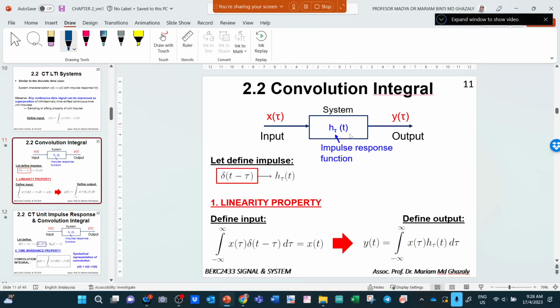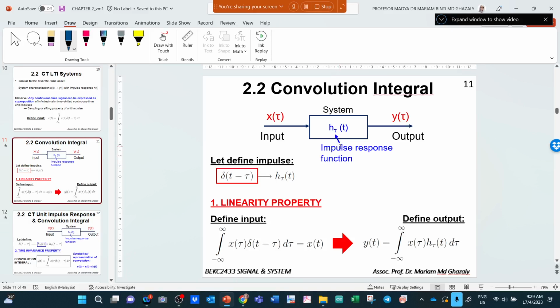And then you have h(t) here. They call it an impulse response because we are referring to the textbooks, so don't get confused with the impulse that you learned in chapter 1. When we talk about the impulse signal alone, it is different from this impulse response function.